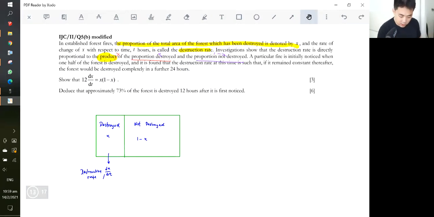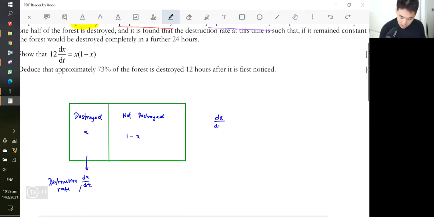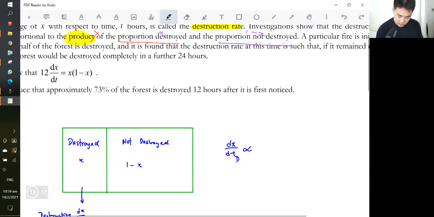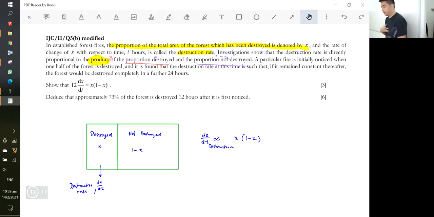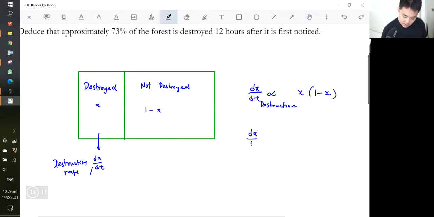So the destruction rate is proportional to this. We don't really need the in and out here, because we are just examining the destruction rate as X times 1 minus X, a multiplication. So dx/dt is equal to k times x times 1 minus x.